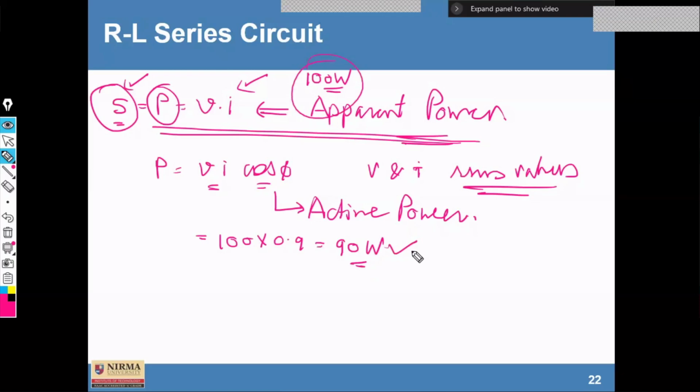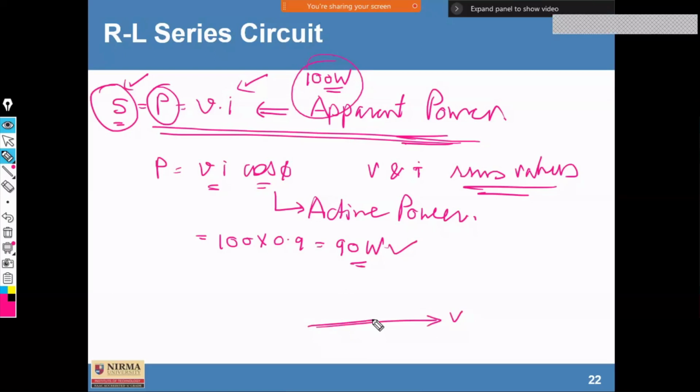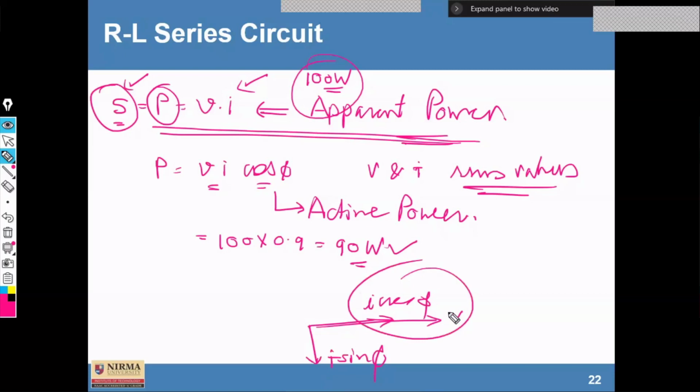So we can define the component of current which is in phase with the circuit voltage. If we write this, the voltage and the current component is I cos phi, and similarly another component is I sin phi. So here we can say the voltage and the I cos phi component are in phase with each other.